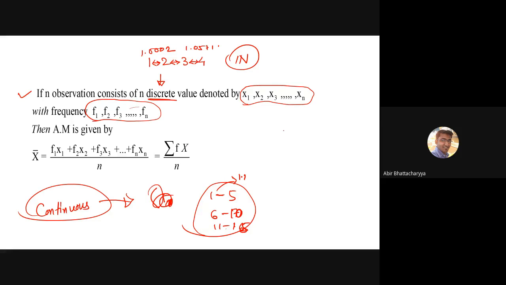First of all, if I talk about x1, x2, x3, x4, and so on up to xn, with the frequencies f1, f2, f3, f4 up to fn, that means x1 is an element in the data set which appears f1 times. x2 is another element in the data set which appears f2 times.